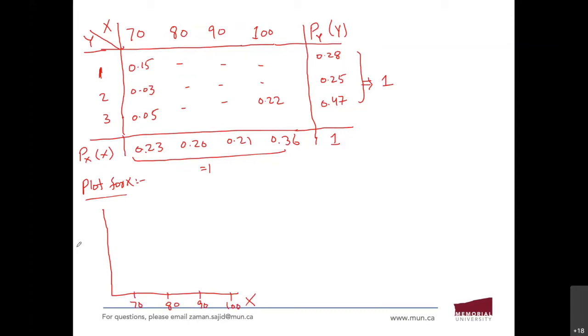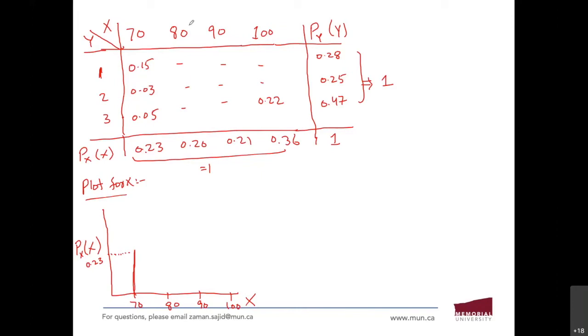And here I have the marginal probability of X. Now at X equal to 70, my marginal probability of X is 0.23. This value correspondingly is 0.23.